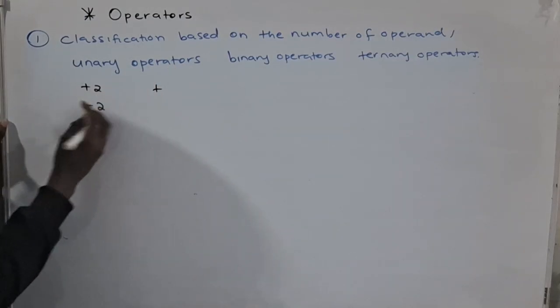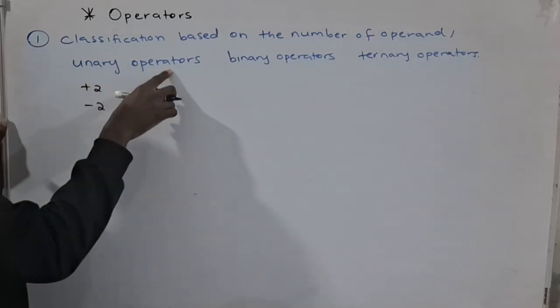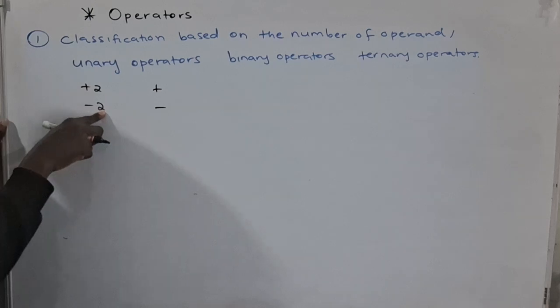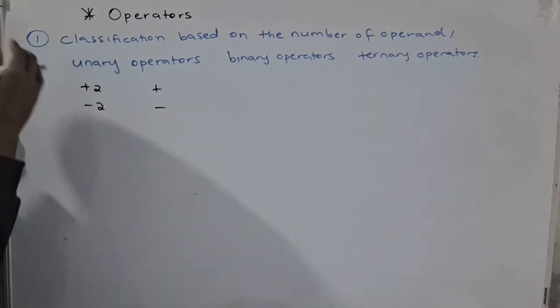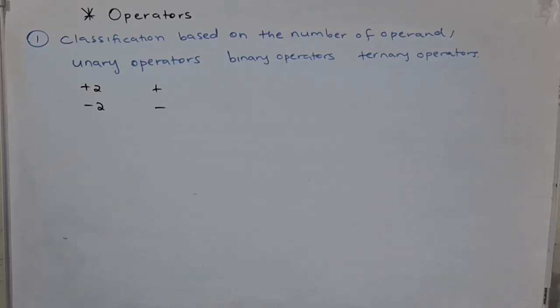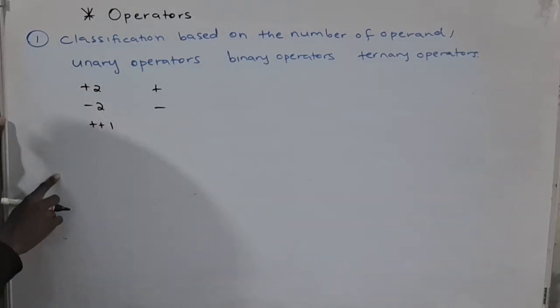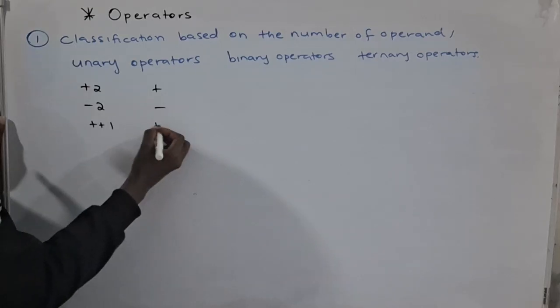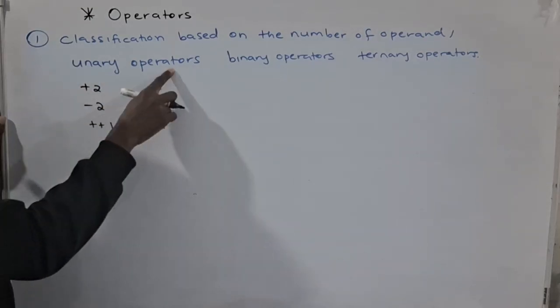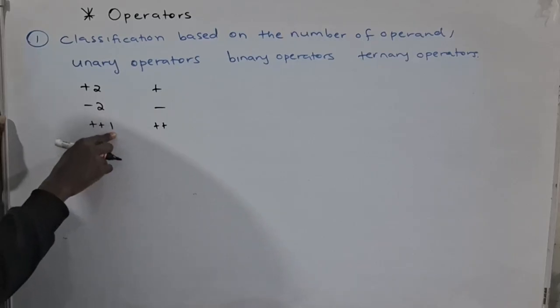If you write minus 2, this negative again is a unary operator, because there is only one operand. If you say plus plus 1, this plus plus is also a unary operator, because there is only one operand.